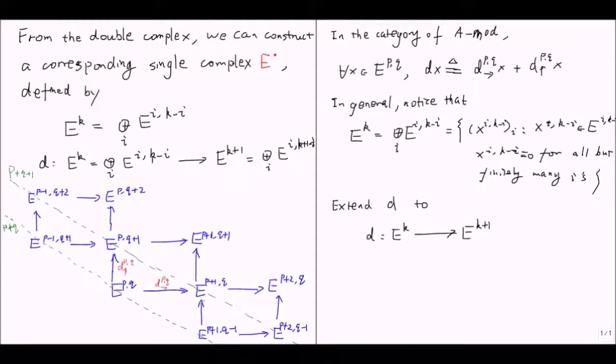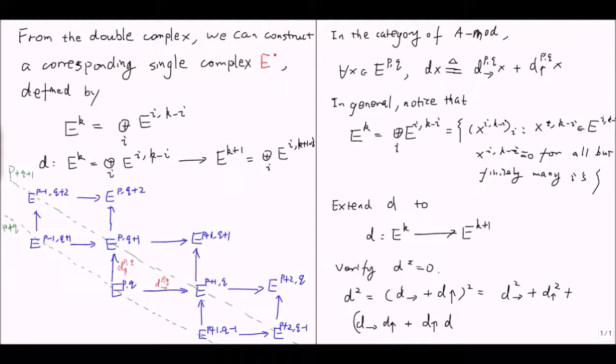And you can verify that d composed with itself is always 0. This is because d composed with itself is equal to d-right plus d-up, squared, which is further equal to d-right square plus d-up square plus d-right d-up plus d-up d-right.